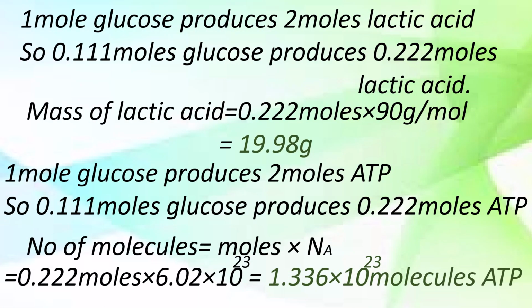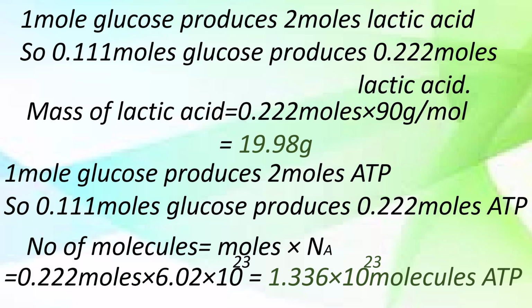Since 1 mole glucose produces 2 moles lactic acid, as we have seen in the equation, 0.111 moles glucose produces 0.222 moles lactic acid. We multiply 0.111 by 2 and divide by 1. We get 0.222 moles lactic acid.